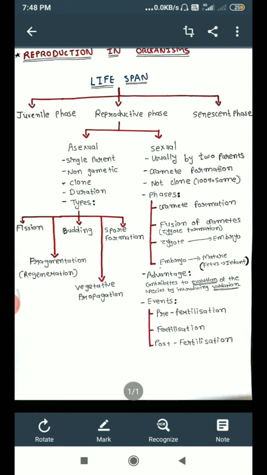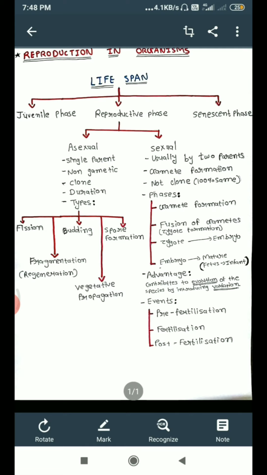So asexual reproduction is a very short and simple process, while sexual reproduction is a complex, elaborate, and time consuming mechanism. Done?